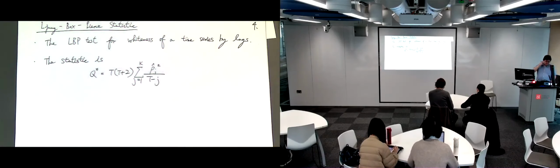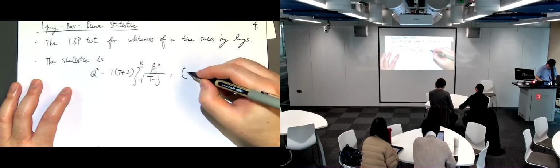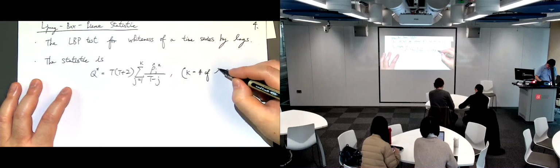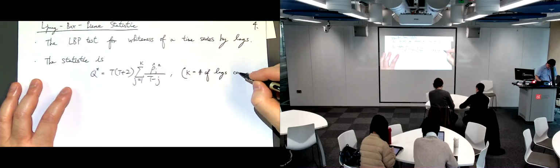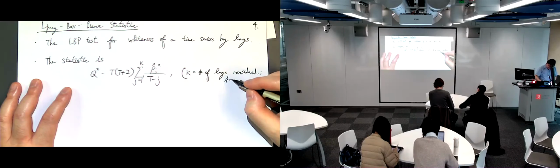You square them and then sum the adjusted values, readjusted by 1 over T minus j. And K is the number of lags considered, which is usually predetermined.